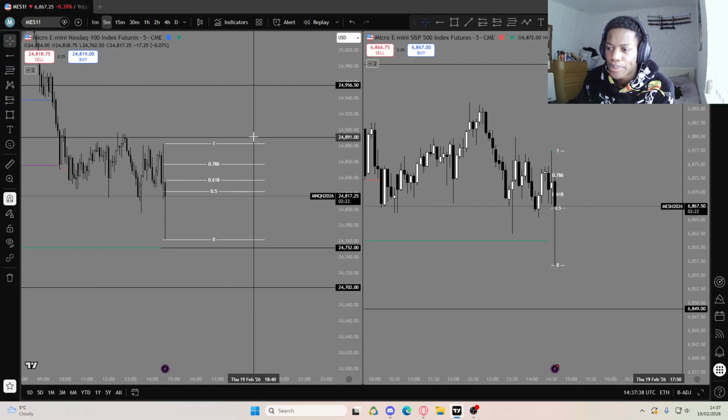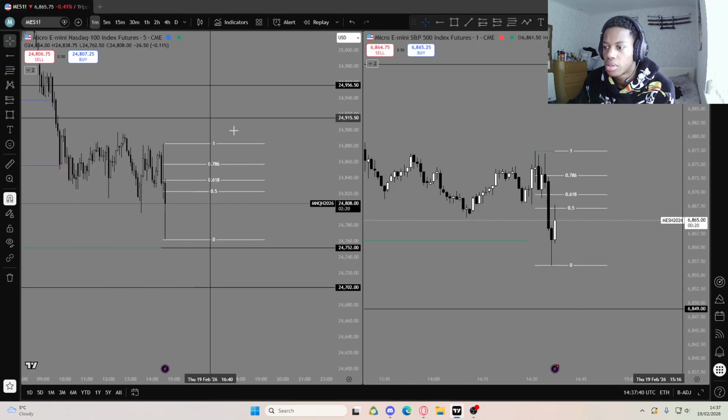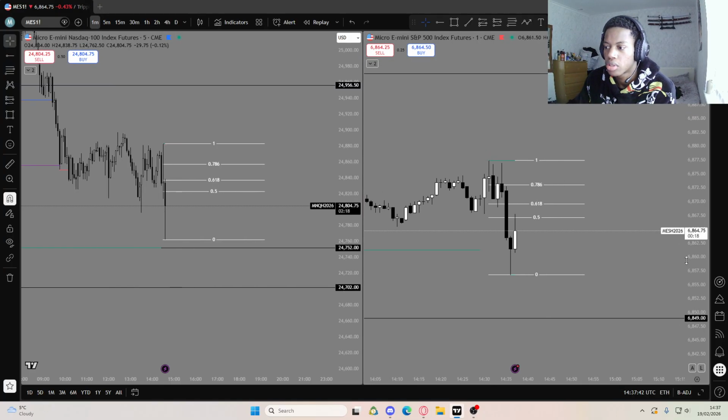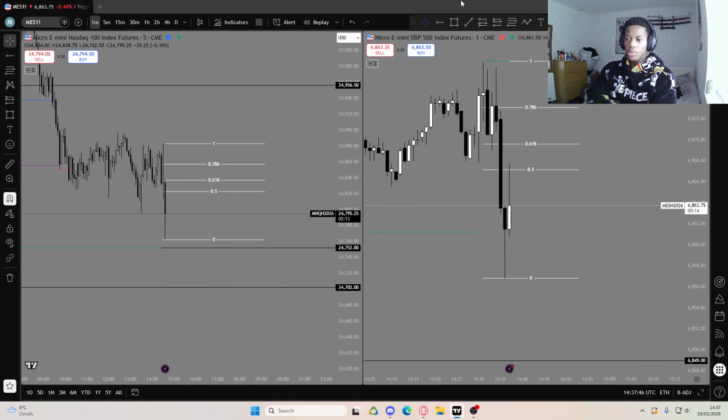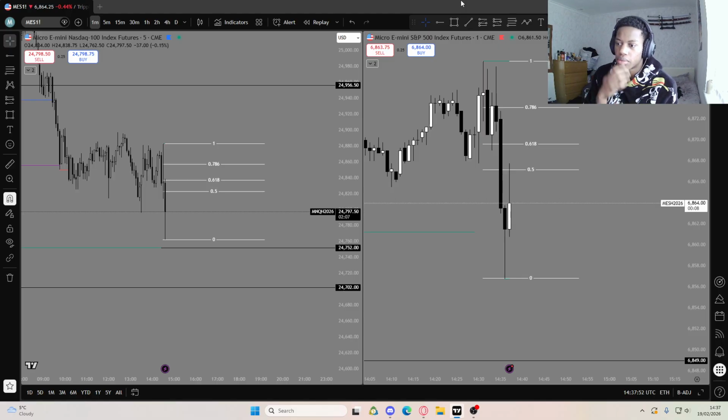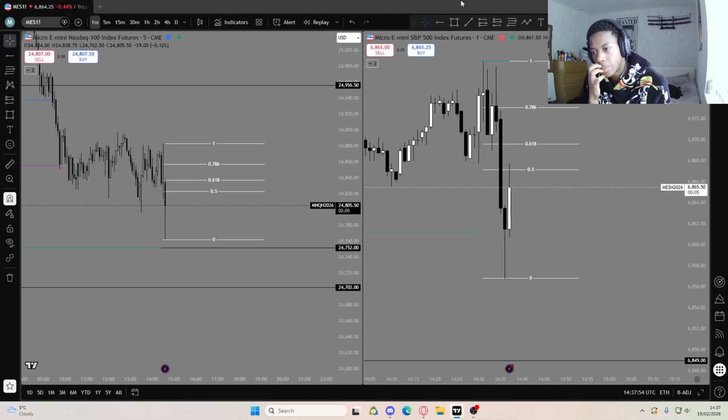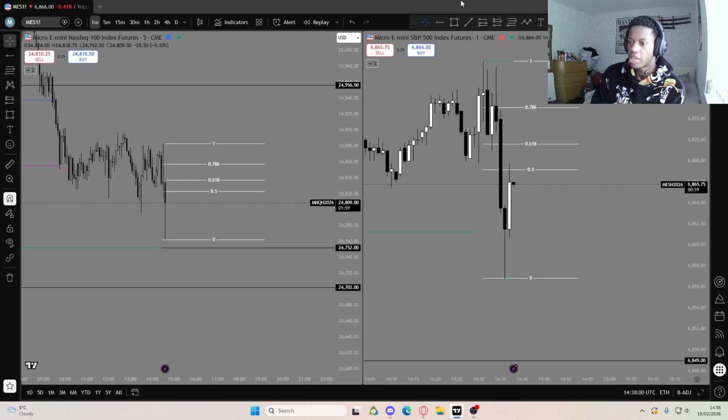Okay. Let's see. Dropped back into equilibrium. And a 1 minute gap. Ideally, we make a fair value gap here.